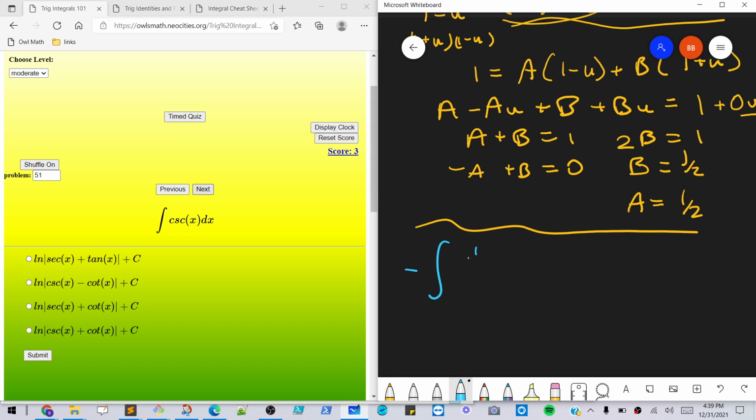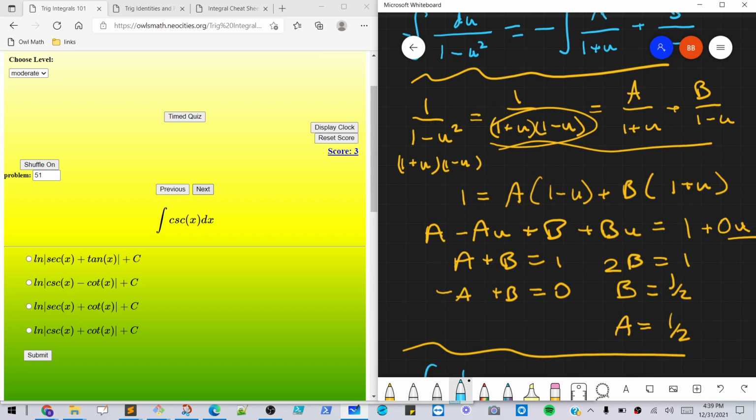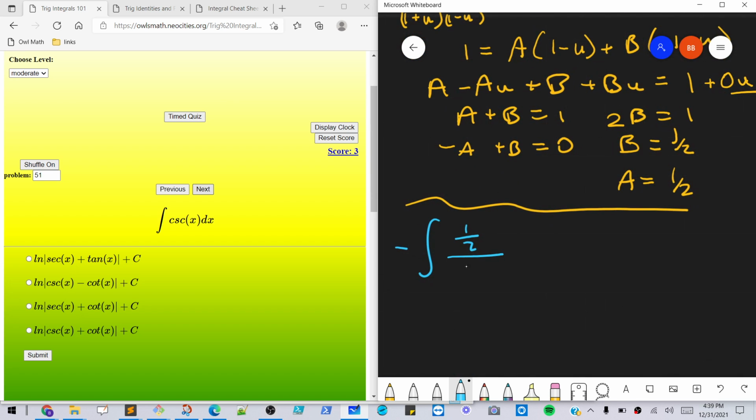We're going to have negative 1/2 over 1 plus u minus 1/2 over 1 minus u. Well, this is du and this is du. Okay, and we can integrate real quick.